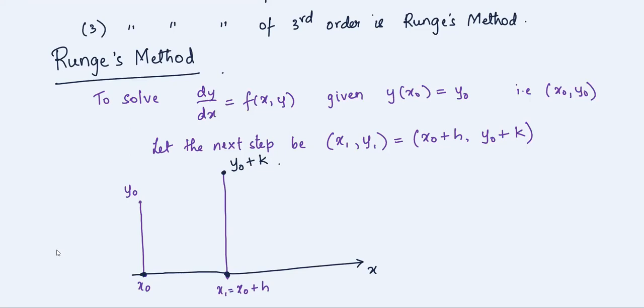Now how to find this? How to reach this point? Function value and the slopes may be different. So what Runge's method does is, I don't consider this linear. I'll consider it quadratic. I will take another point in between, which is exactly half of it. This is x naught plus h by 2.